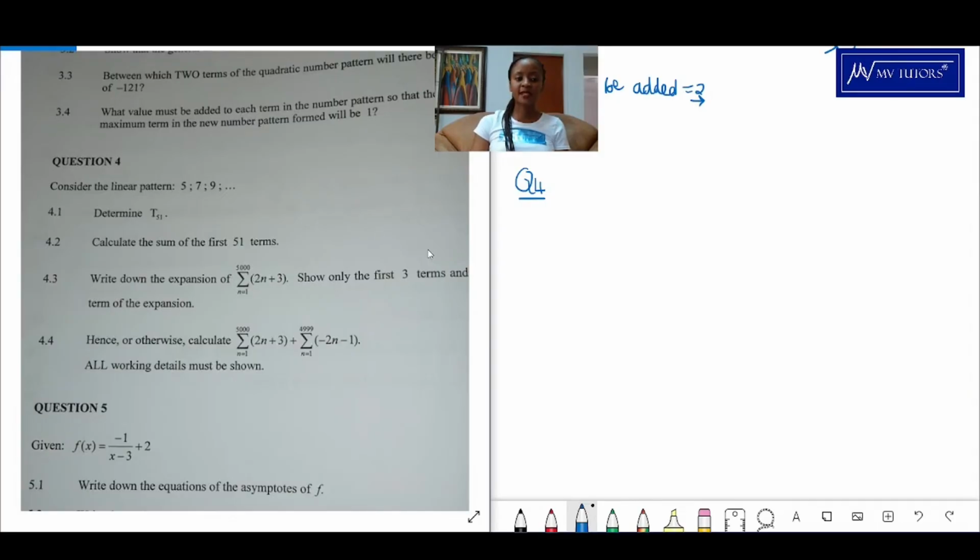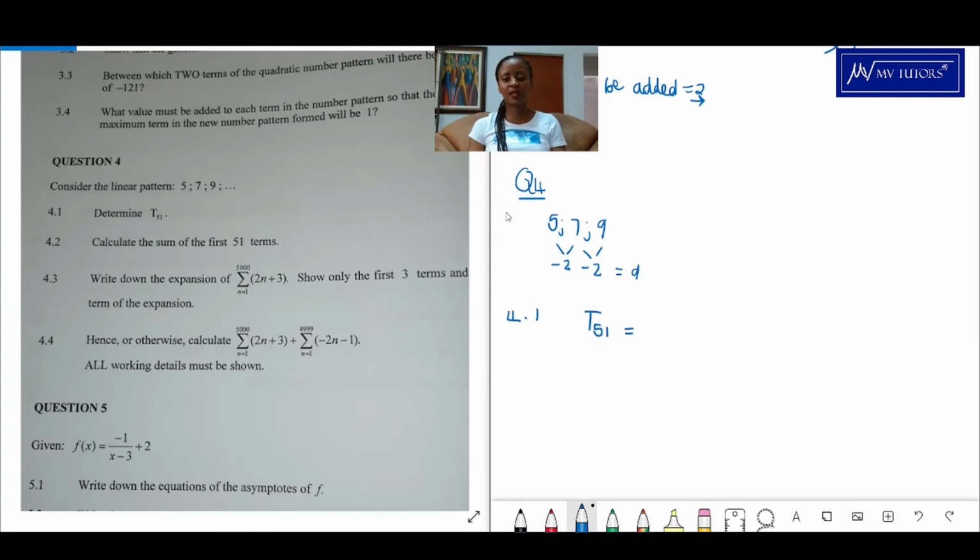So question 4, consider the linear pattern 5, 7 and 9. Linear pattern, think of a straight line graph. We can see that the common difference is 2. Now for 4.1 it says determine term 51.